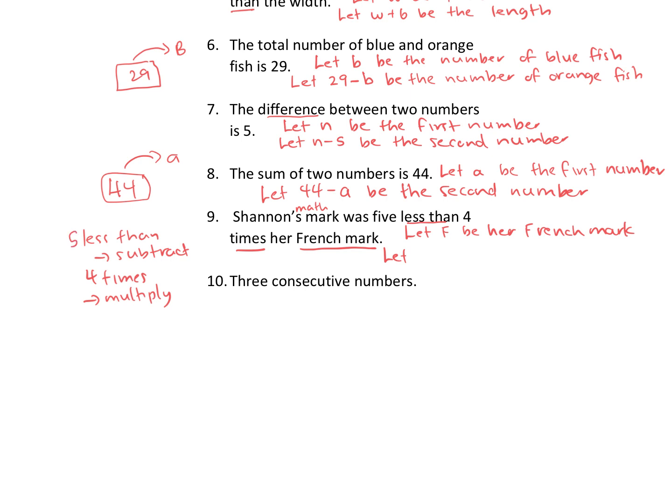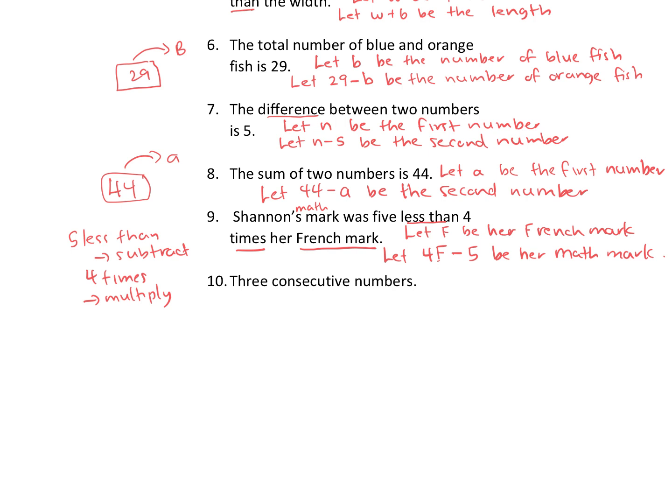So we're going to take the French mark and we're going to do 4 times that. So 4 times the French mark, and then we're going to follow that by subtraction. We're following order of operations. So 5 less would be minus 5. So her math mark is 4 times the French mark, and then 5 less.